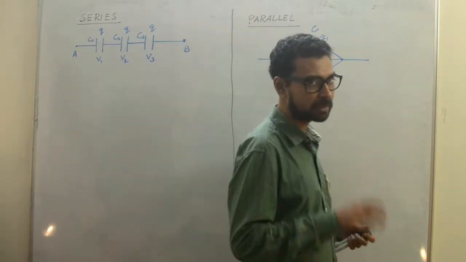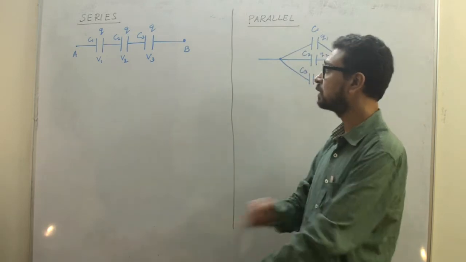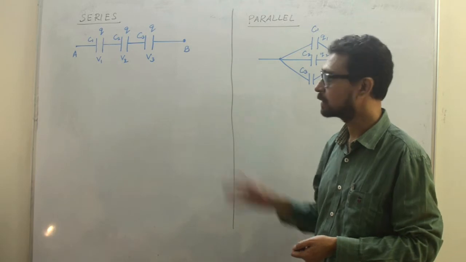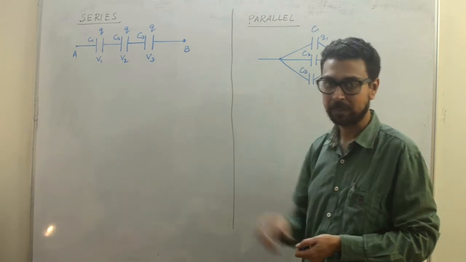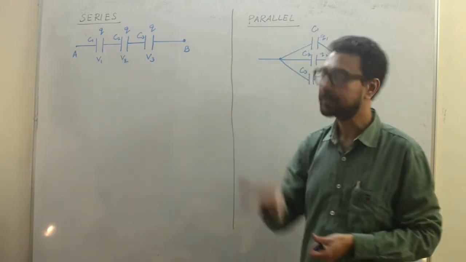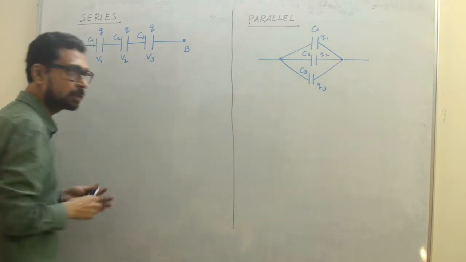In a series combination, the important thing to know is that the individual charges on the different capacitors connected in series will remain constant, because we should have the same charge in the system. And so the individual potentials will be different, obviously.